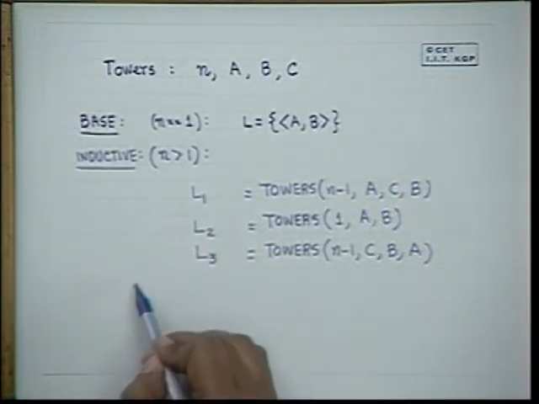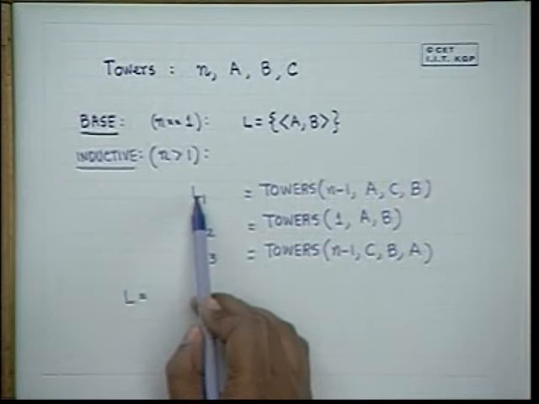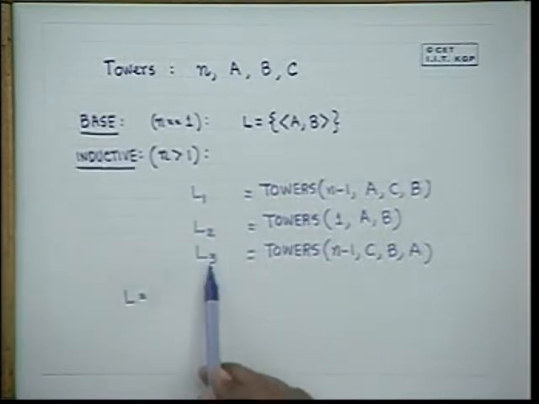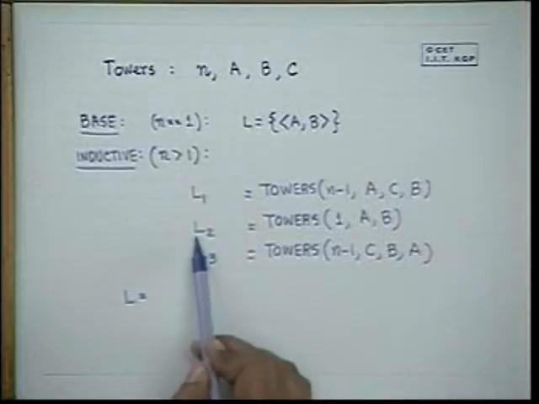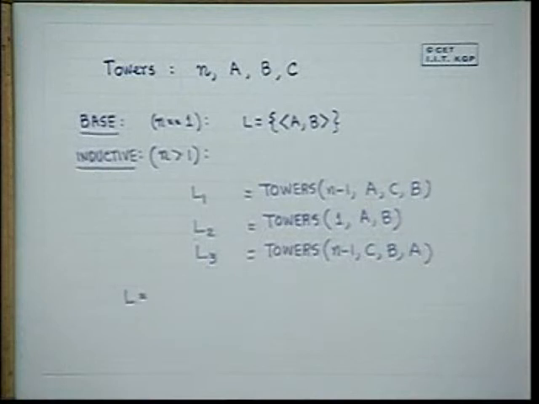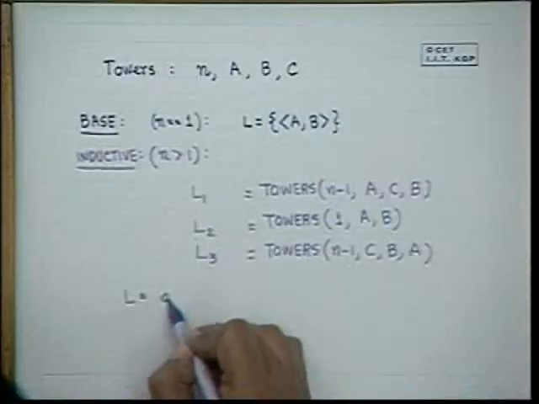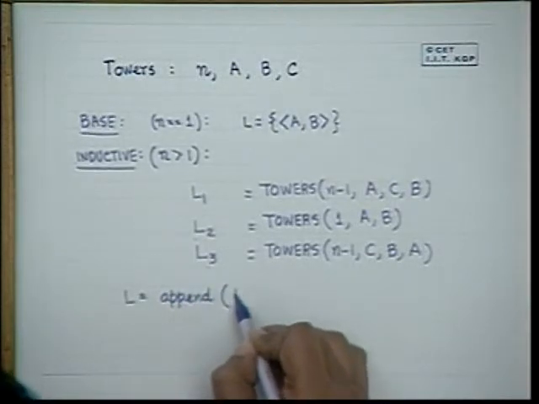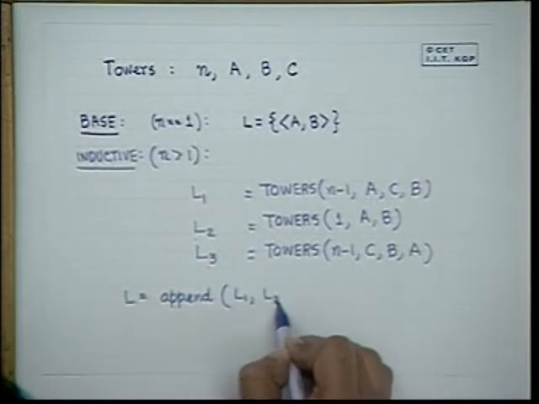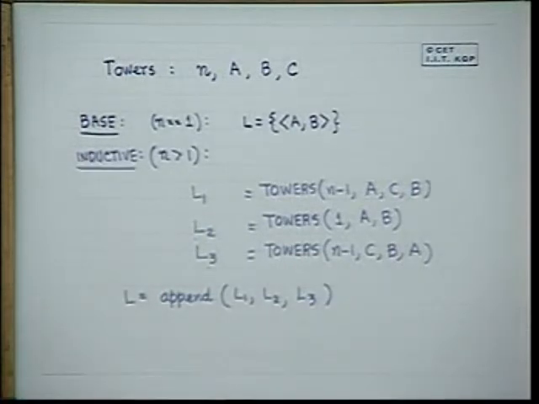Then what is L equal to? It is a list formed with this one, followed by this one, followed by this one. So how does it come up? Let us use a function called append, which joins L1, L2, L3.